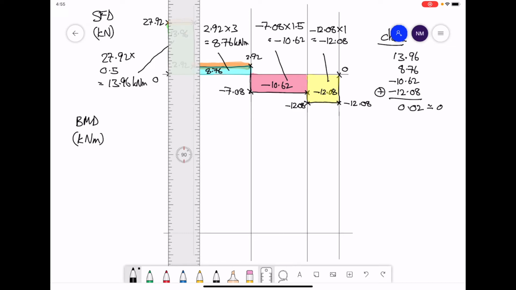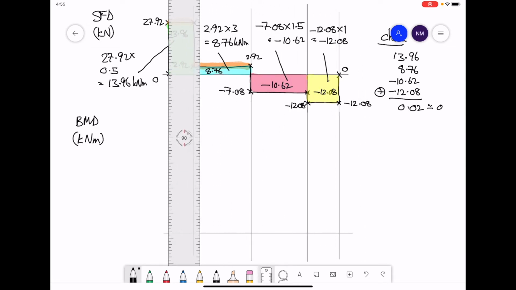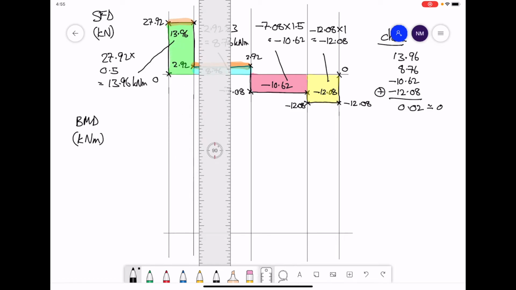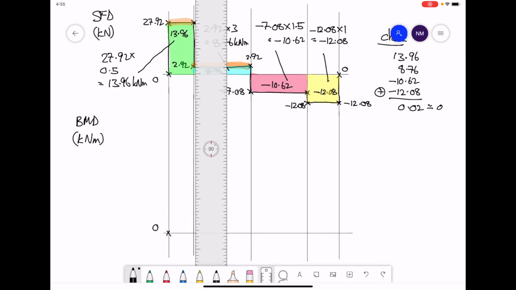Starting off on the left hand side, revealing the beam to the right, first of all we have 0 area on the shear force diagram. As we move to the first point load, the total area revealed is the total green area, 13.96.